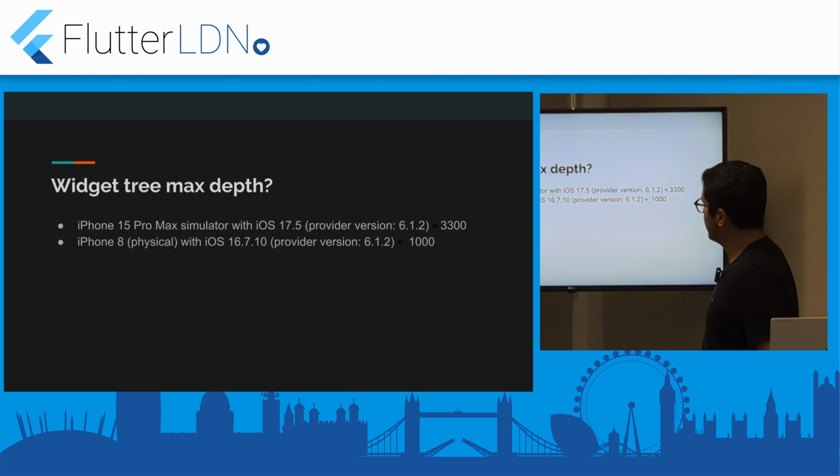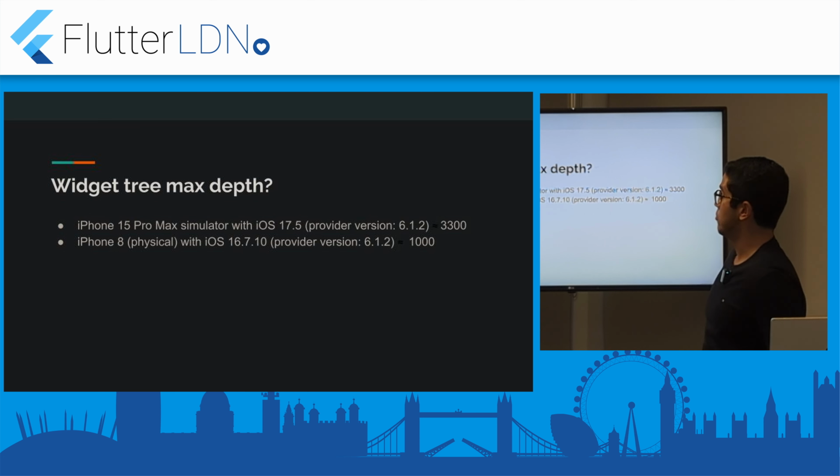So I did some benchmarks. Currently, it's much better than it was, especially on new devices. I tried an iPhone 15 Pro Max with iOS 17, with provider version 6.12, which is important. 3.3K was the max widget tree depth that I could have without the Stack Overflow.